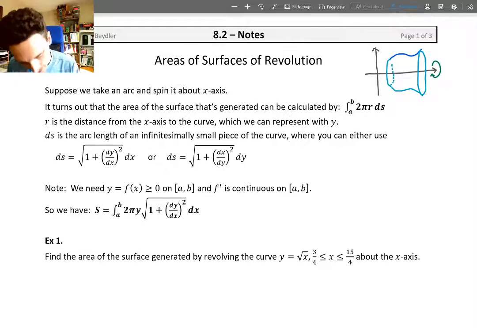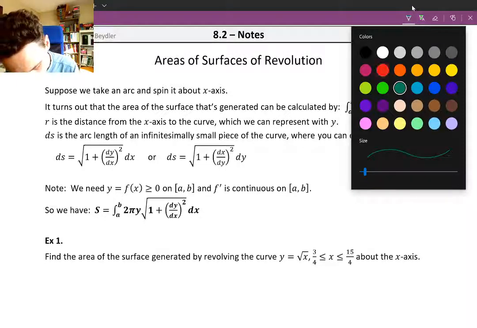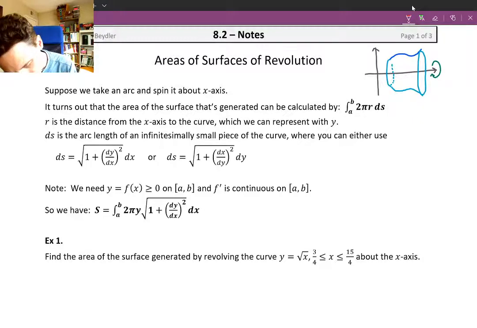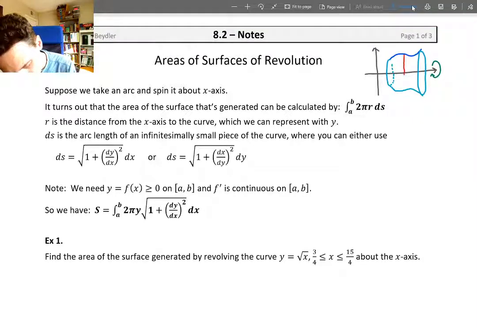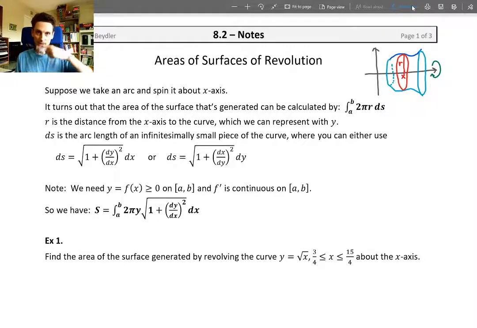Now r in this case is the distance, so r is the distance if you're at some given x value. R is this distance from the axis of rotation up to the curve, right? So you can think about if this part of the curve rotates around, it's going to orbit around the x-axis with like a little circle.